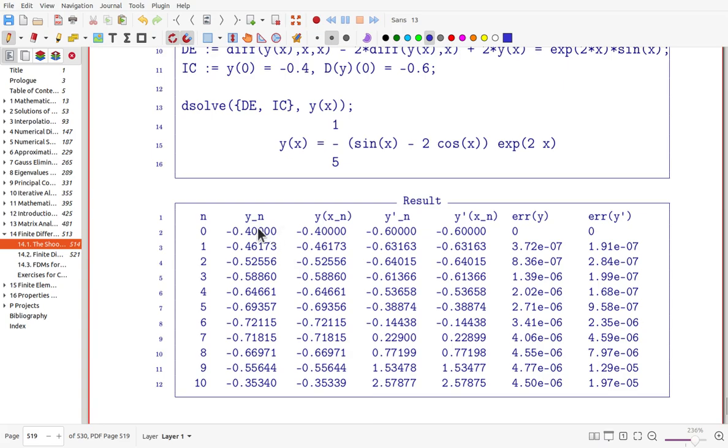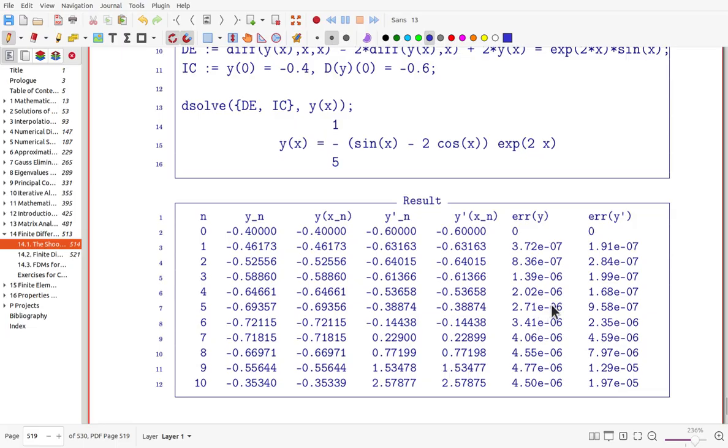Now, yn, y sub n, is the computed value at xn. Y at xn is the exact value, and y prime n is here yp at xn, the computed value. This is the exact y prime. And the error can be found from here to there. That is the error for y. Now, from these two, we can find the error for y prime.